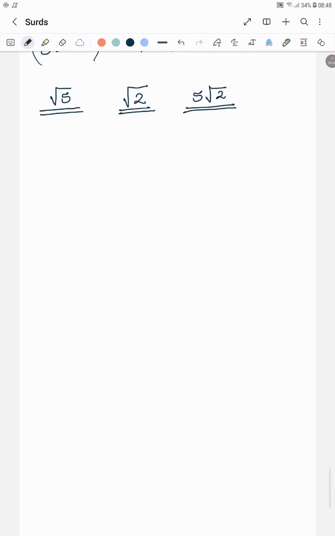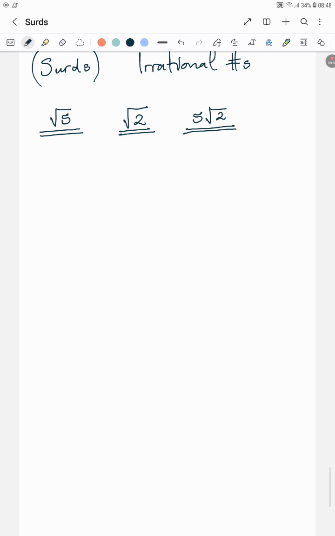So here I'm just going to look at questions and how to simplify surds. If you have root 50 and you're asked to express it in the form a root b, this is what you do.